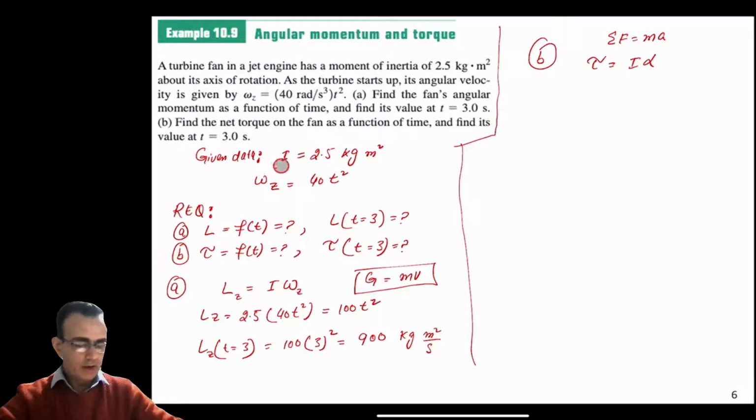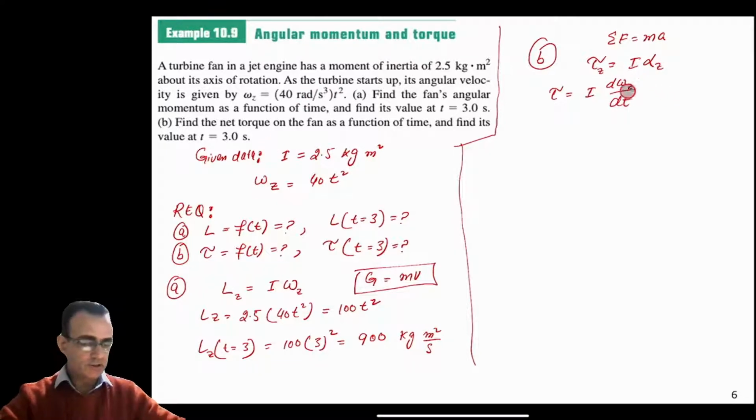You are given the velocity, so you can calculate alpha, which is the angular acceleration: tau is equal to I times d omega z by dt. You will just differentiate omega with respect to time, and you will get alpha.